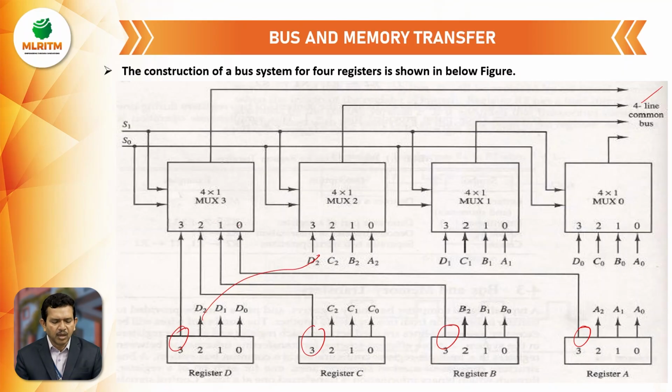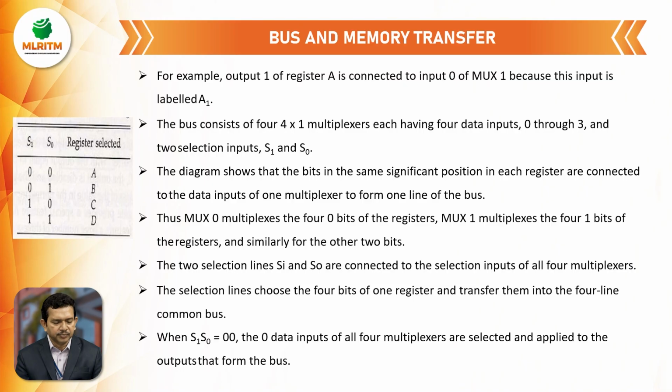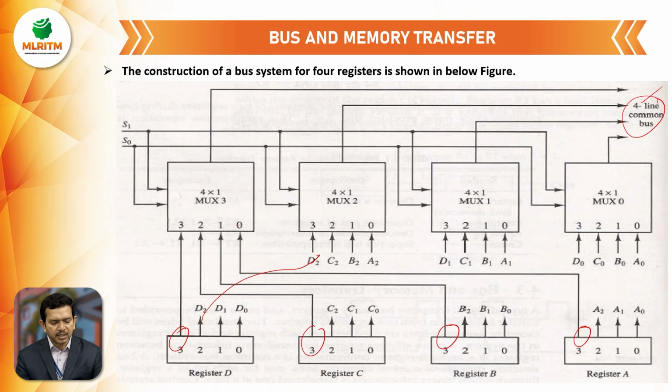Now we will operate this and process the data for the transfer of information from all the 4-bit registers through a multiplexer to make a single output, or a 4-line common bus. The multiplexers contain S1 and S0.